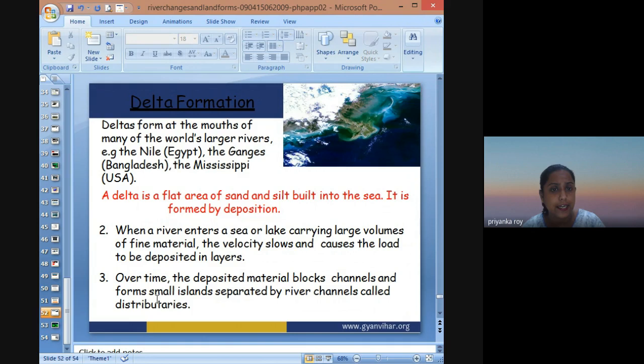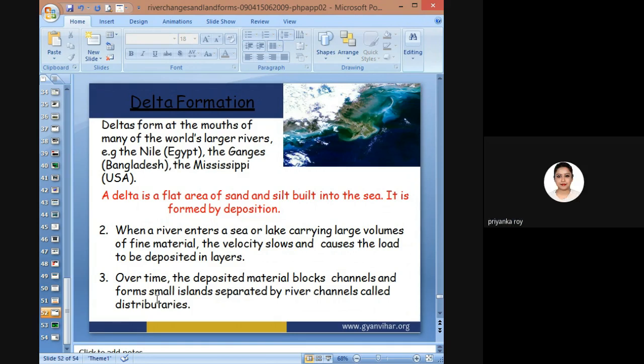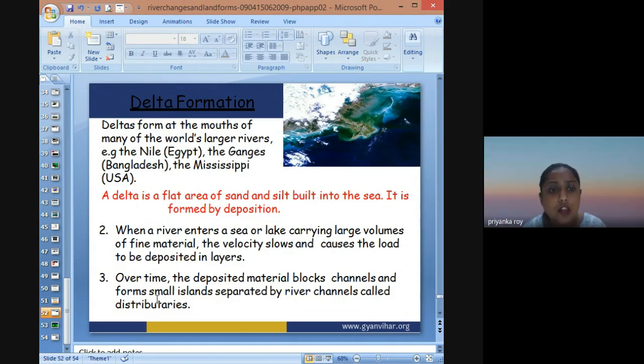So the delta is a flat area of sand and silt built out into the sea, and this is formed by deposition. When a river enters a sea or a lake carrying a large volume of fine material, the velocity slows and causes the load to be deposited in layers.